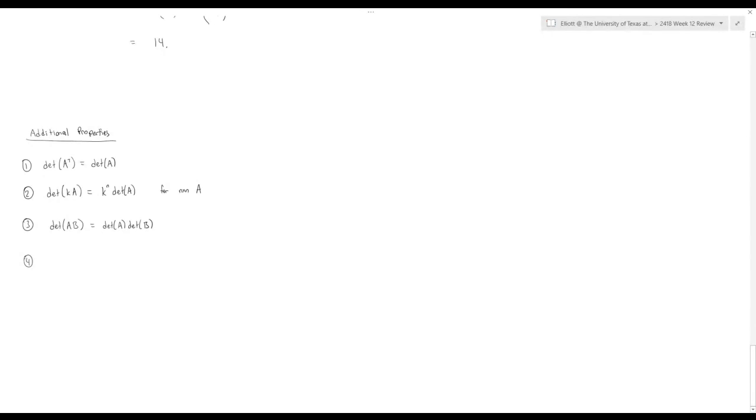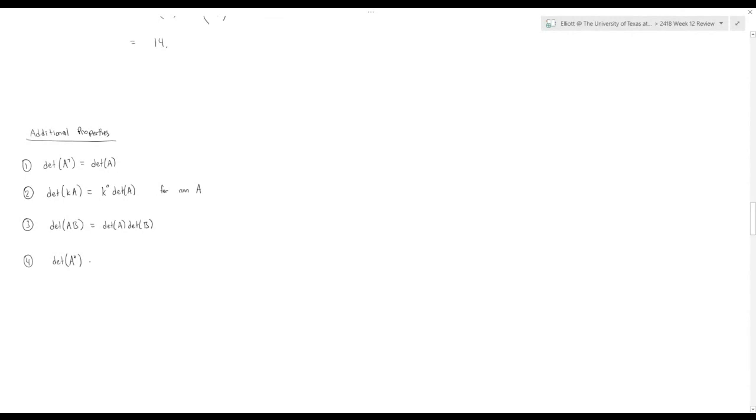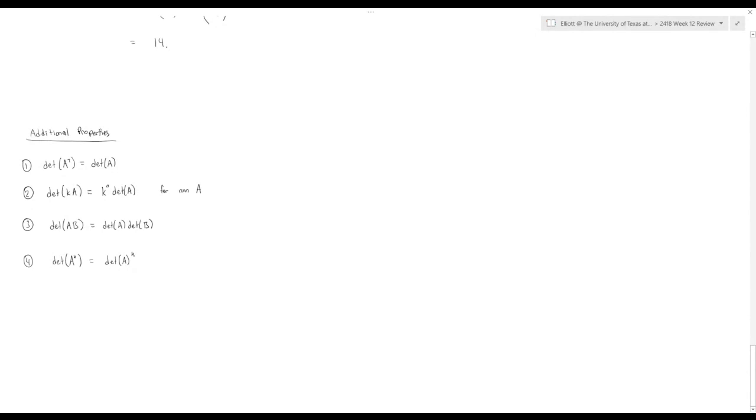Now, as a sort of consequence of the third property, the determinant of A to a power, like A squared or something like that, will be the same as the determinant of A to the power k. Okay.